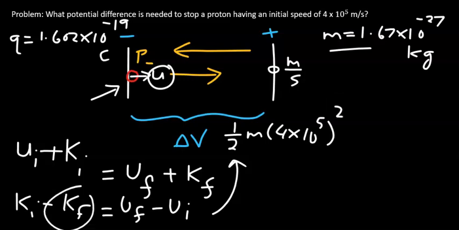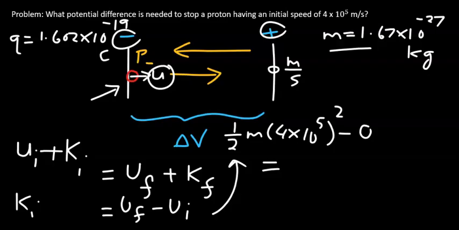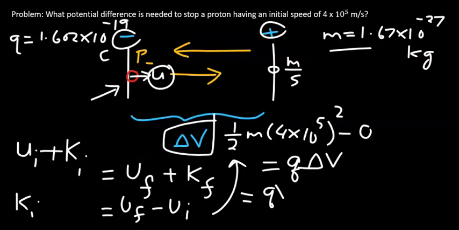Kf is the kinetic energy of the proton here, and it's 0, so that goes away, minus 0, equals the difference in the potential energy between that point and that point, and that is given by the charge of the proton times the potential difference, delta V. We get that from QV final minus QV initial. The potential at the final location, namely here, is greater than the potential there. So this is a positive number.